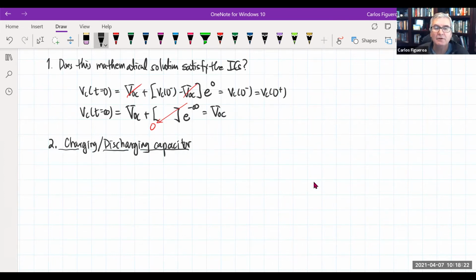Because what we want to look at is what the mathematical language is, whether I have a charging capacitor or a discharging capacitor. So here we go. We're going to start with a charging capacitor.